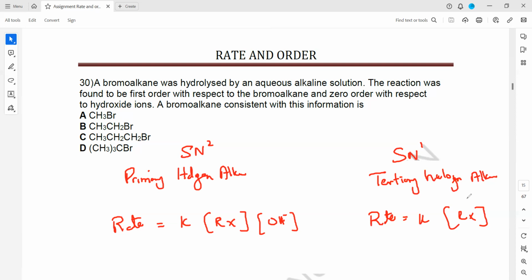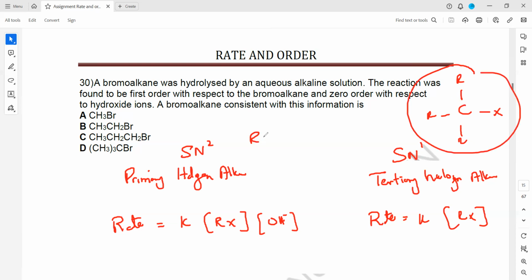As a result, they make the carbocation more stable, and the OH cannot attack. So when the carbon is surrounded by more alkyl groups, OH cannot attack. So the reaction depends on the presence of halogenoalkane only.